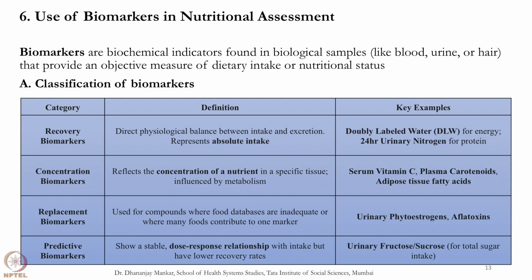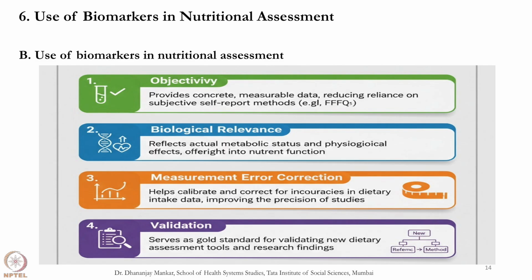Predictive biomarkers are urinary fructose and sucrose. So if we see all these classifications of biomarkers, this gives us from the intake to the concentration of nutrients or compounds and the dose-response relationship. These biomarkers give us a broader classification among themselves.